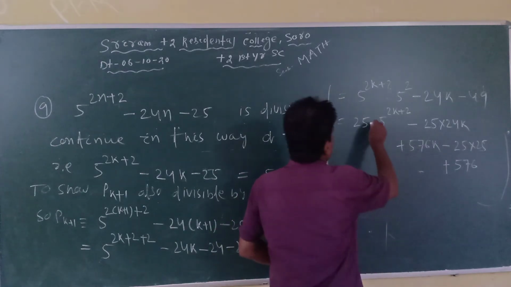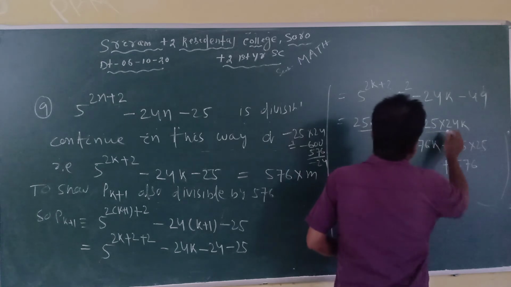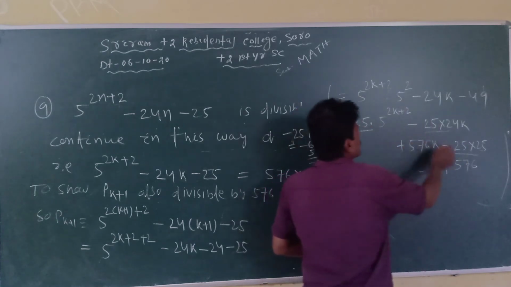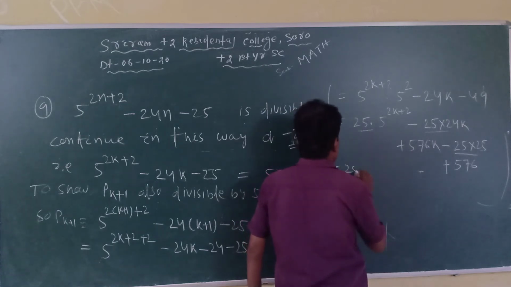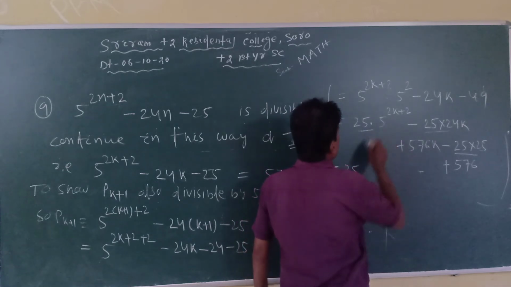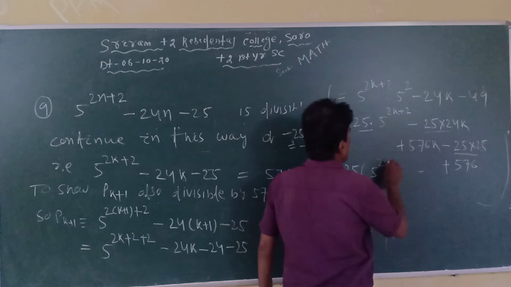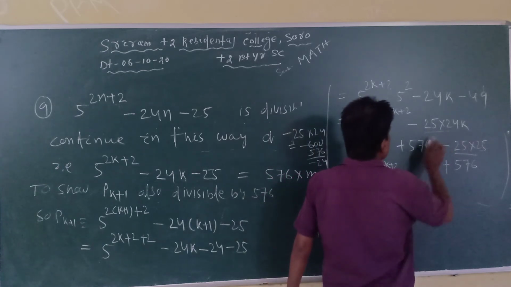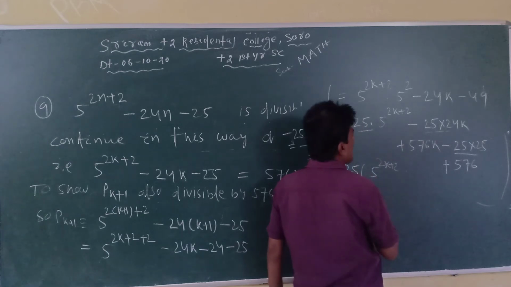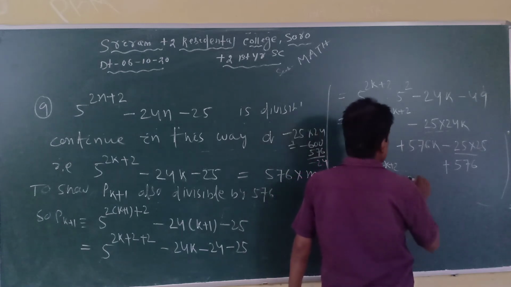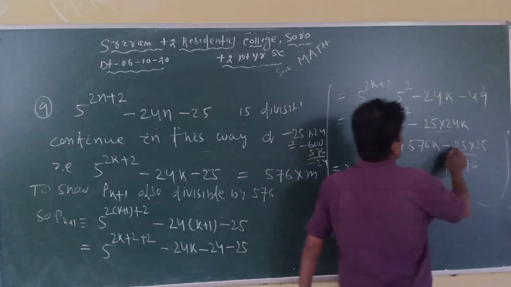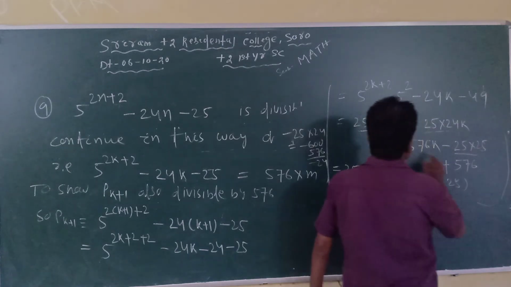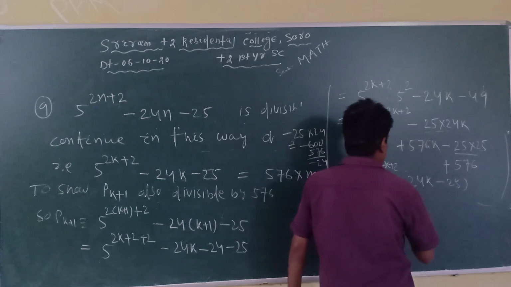From that part, taking 25 common, here becomes 5 to the power 2k plus 2, minus 24k, because 25 is taken common outside the bracket, and minus 25, and the remaining part is 576.